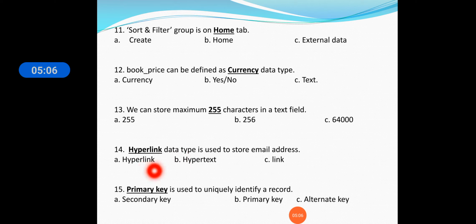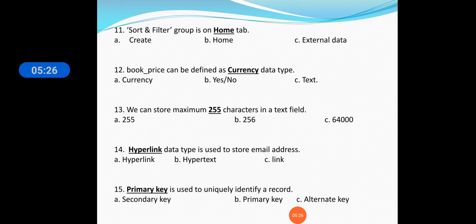Fifteenth one, primary key is used to uniquely identify a record. A secondary key, B primary key, C alternate key. So answer is primary key. Now students, all of you know the primary key, which is the general information by which we can take all the related information.